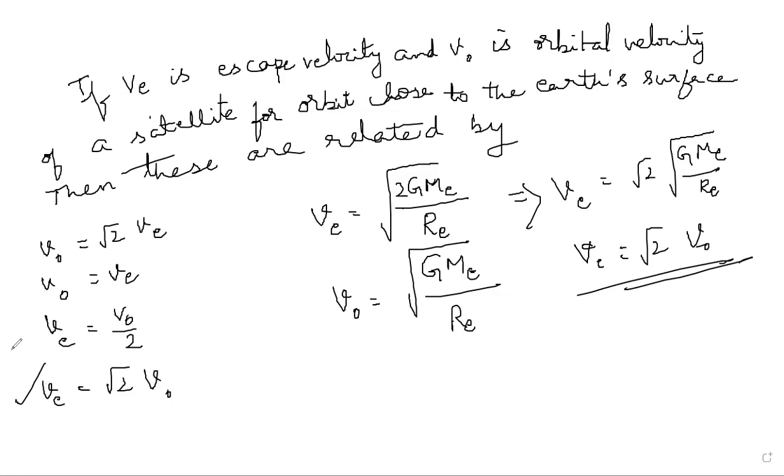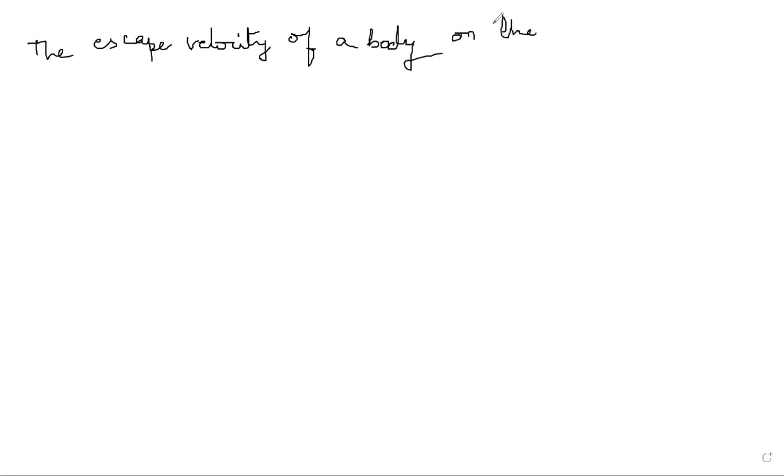So now the next problem we'll see. The next problem follows like this. The escape velocity or the escape speed of a body on the earth's surface is 11.2 kilometer per second.